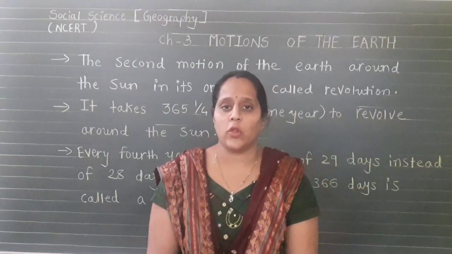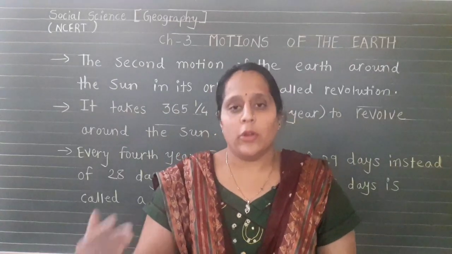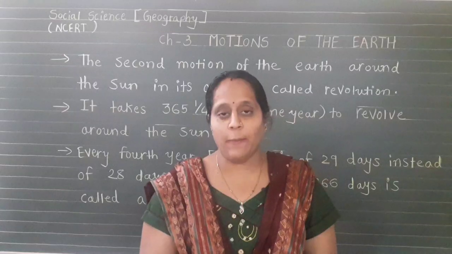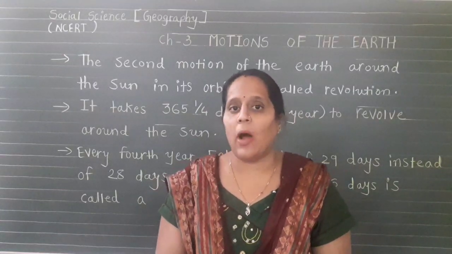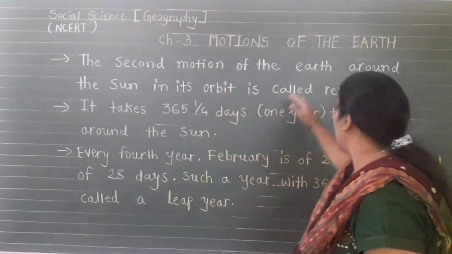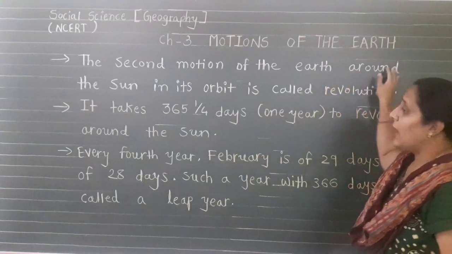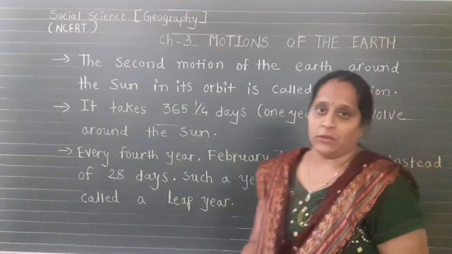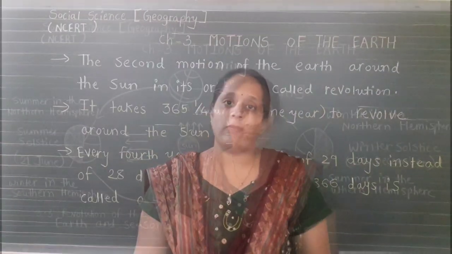So that's why through the revolution our seasons change. Okay. So in this way we studied the second motion of the Earth around the Sun, which takes an orbit and is called revolution. This is the second motion of the Earth.